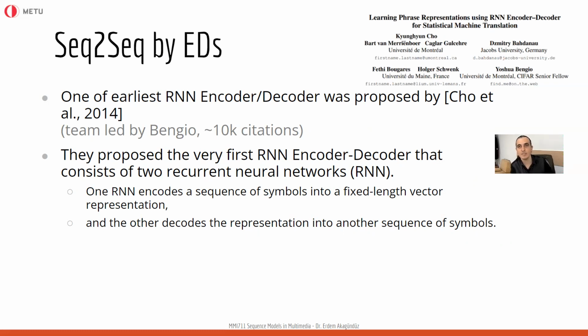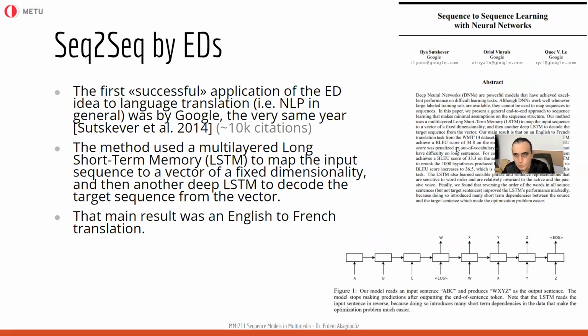And for NLP guys, it was the first encoder-decoder approach, such that today, any sequence-to-sequence model that deals with language is an encoder-decoder model, including the transformer. There are different architectures, but in the end, they are encoder-decoder models. So this is an important paper because they proposed the very first RNN encoder-decoder that consists of two recurrent networks for modeling the language. Good.